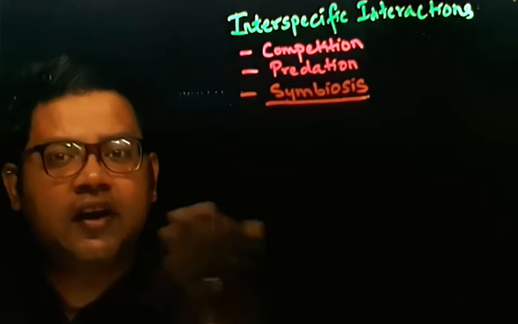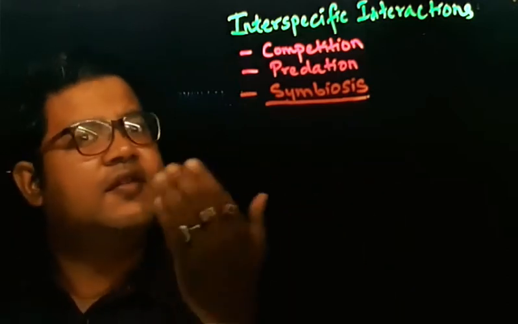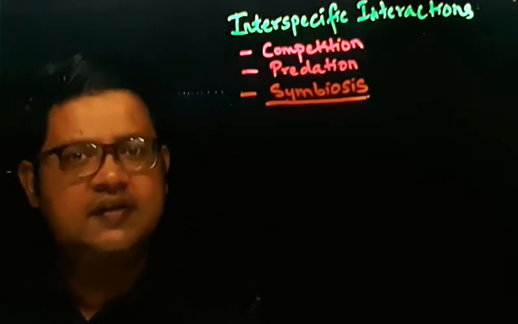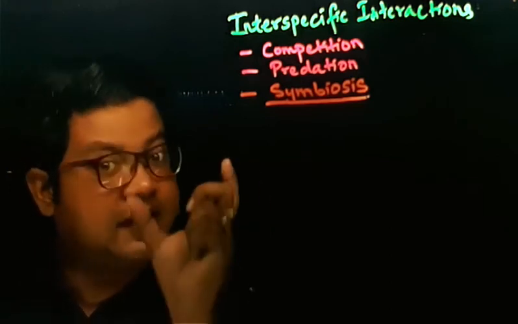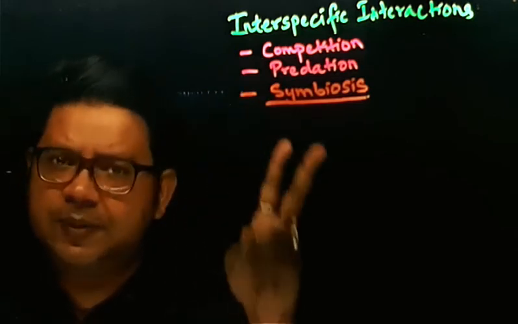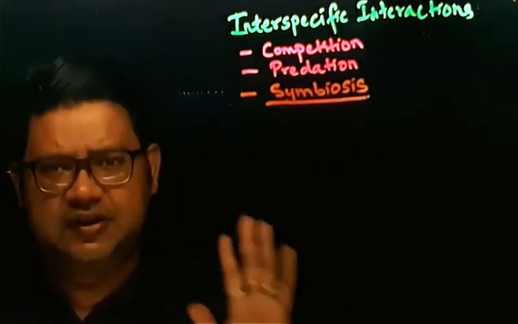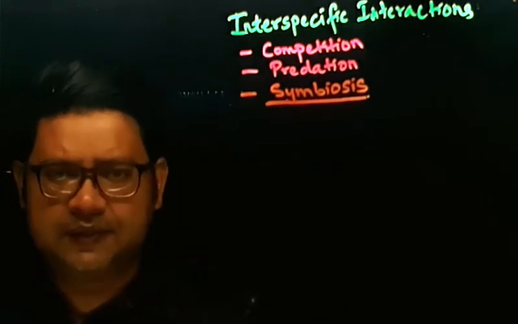That means the organisms normally stay with each other. It is a very simple way to explain symbiosis. It's an association, an interaction between two organisms of two different species, and they stay with each other. You can say that in very simple terms.